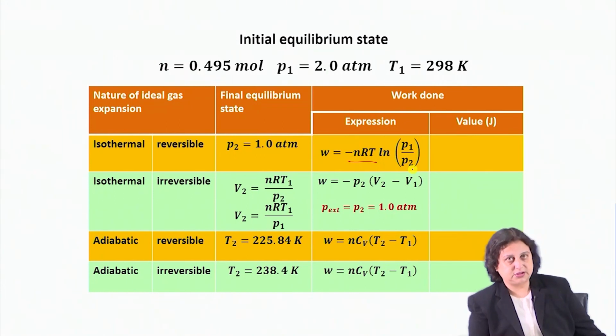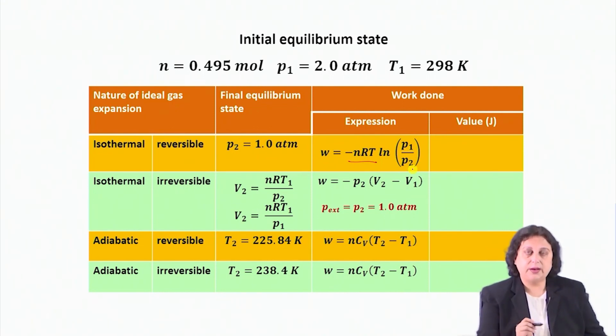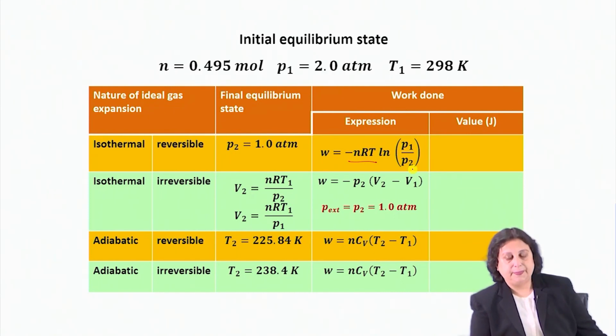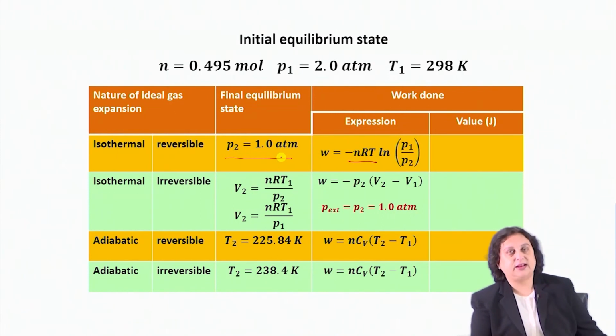T is the temperature that remains constant, and therefore here T is equal to T1. On the right hand side, I know all the quantities. I know P2 because the final equilibrium state is characterized by P2 equal to 1 atmosphere. I know P1 and T, and therefore I can find out the value of W.